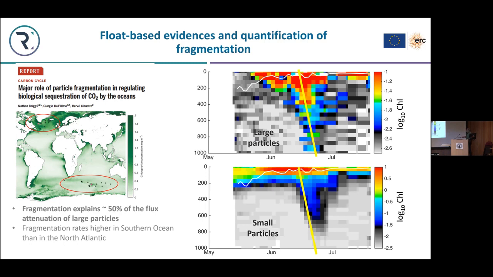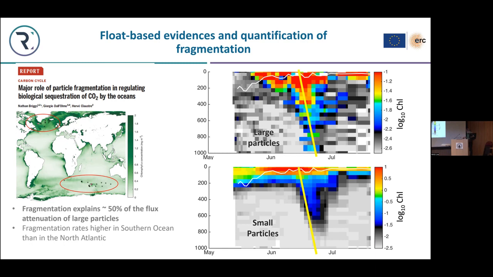Here you have a typical event where, as soon as you bin and aggregate more data, you can see a trace of the sinking particle, and the yellow line gives in some way the sinking speed of this particle. But interestingly, if I reproduce the line here, you can see that this sinking particle leaves a trace of suspended particles within the water column, and this is interpreted as the signature of fragmentation of large particles into small ones.